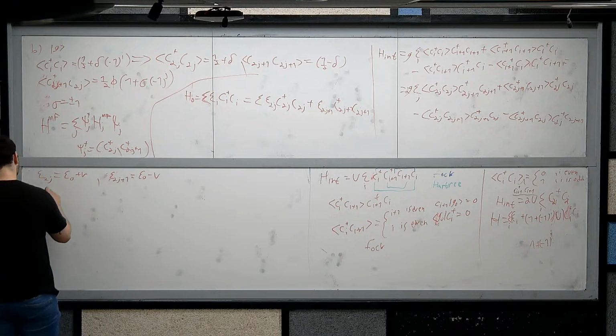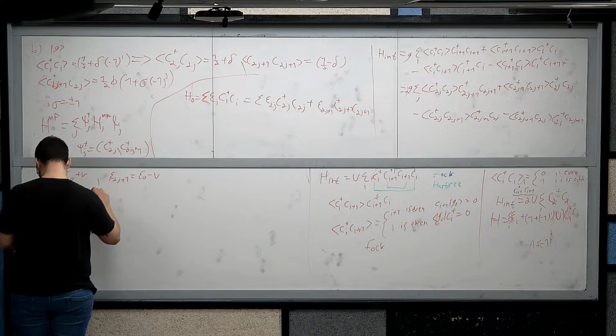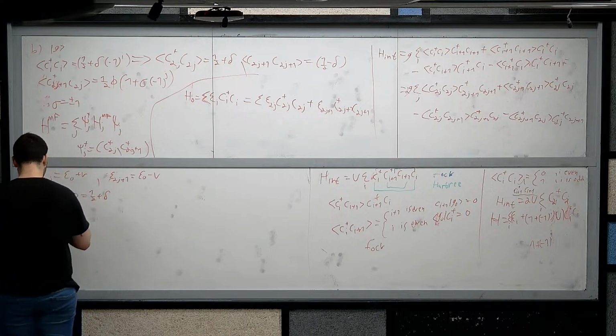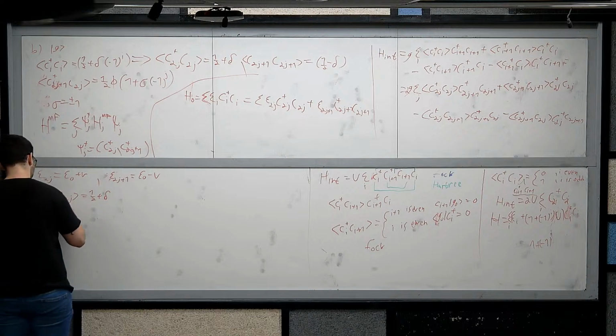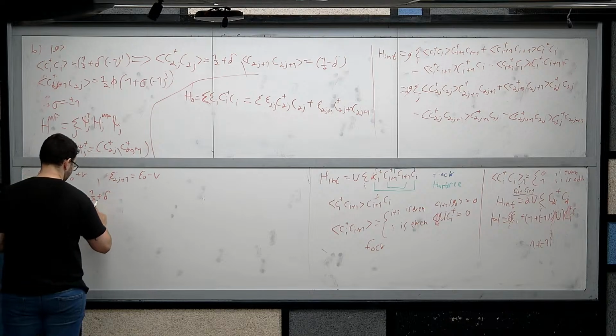And now, C2j dagger C2j, what did you say? Equal to 1 over 2 plus delta. C2j plus 1 dagger C2j plus 1 equals 1 over 2 minus delta.